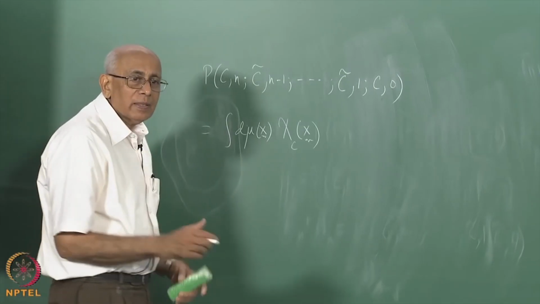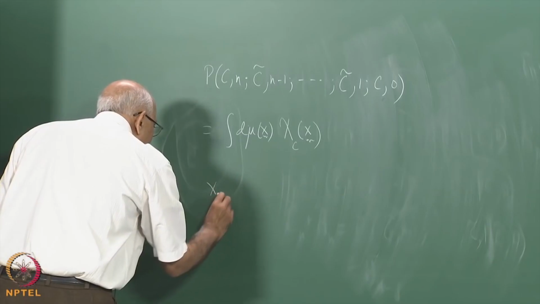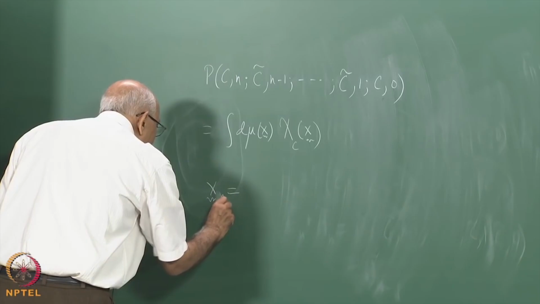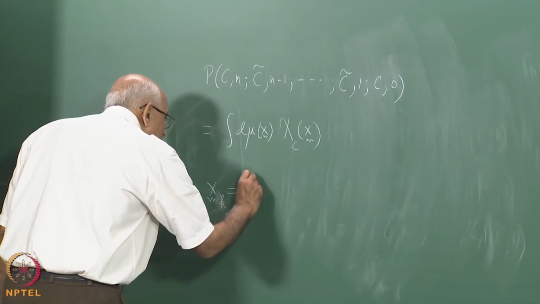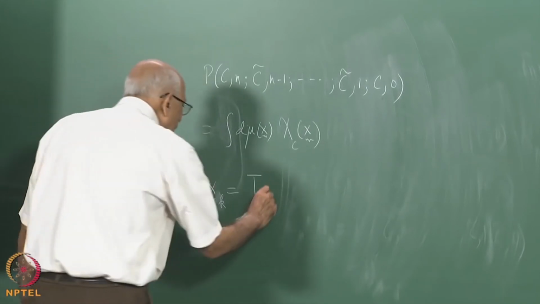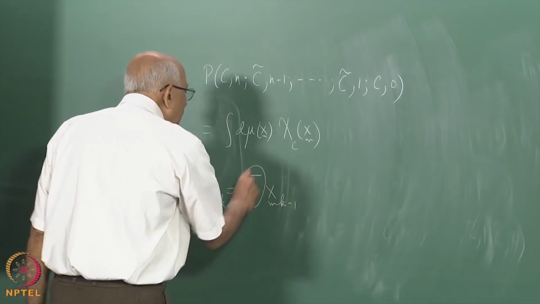But remember that x evolves. So what is happening is that x k, at time k, is given by some time development operator T acting on x k minus 1. This is a time evolution operator.